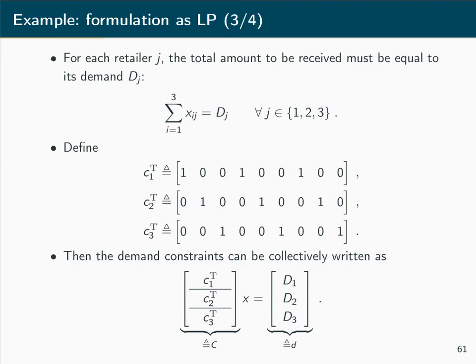And we do that as before, namely by putting the three linear equations on top of each other. And that's how we obtain the matrix C. And then the right-hand side of these equality constraints are given by the demand quantities d1, d2, and d3. And we call the right-hand side a lowercase d.